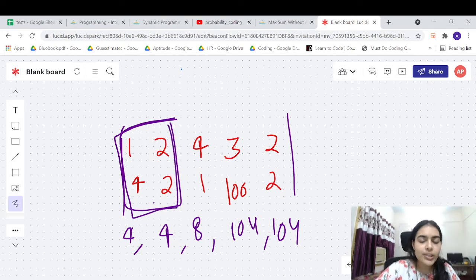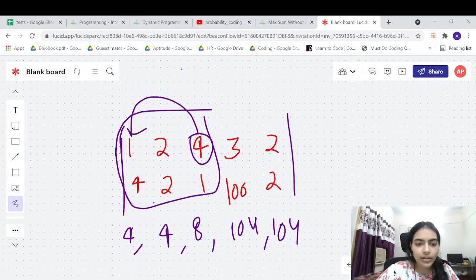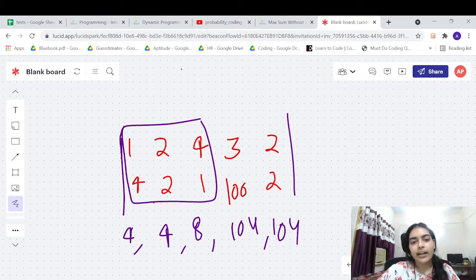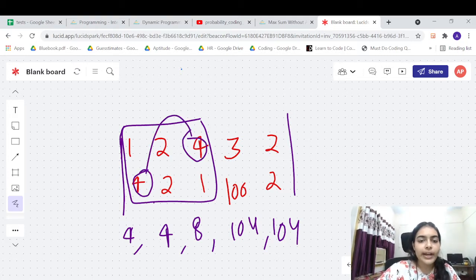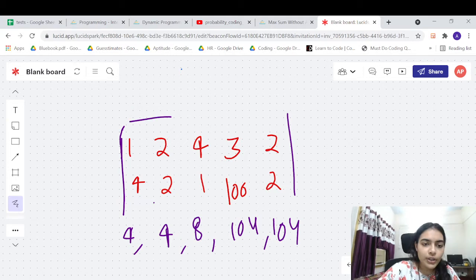We mean the entire space, right? So for example, dp of 3 doesn't mean you just take 4, you also add this value, right? Suppose you want to find this, you take 4 plus 4, 8, versus 4, whichever is maximum. Similarly, if you want dp of 1, you don't have any value for previous-to-previous, but you have two values.